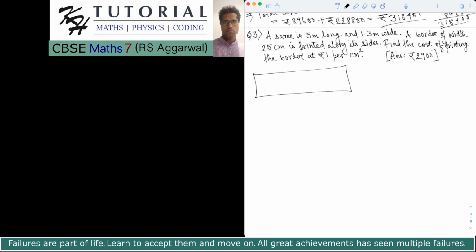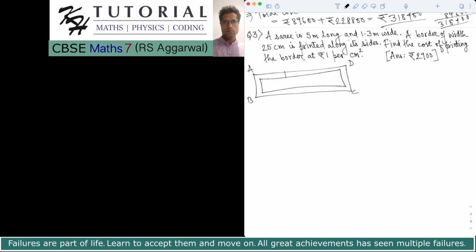So the diagram becomes, let's say ABCD is the sari. Consider it as a rectangular plot, and then we have a border running along the sari inside it.